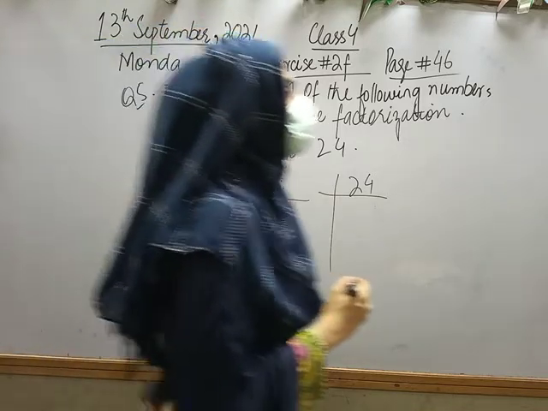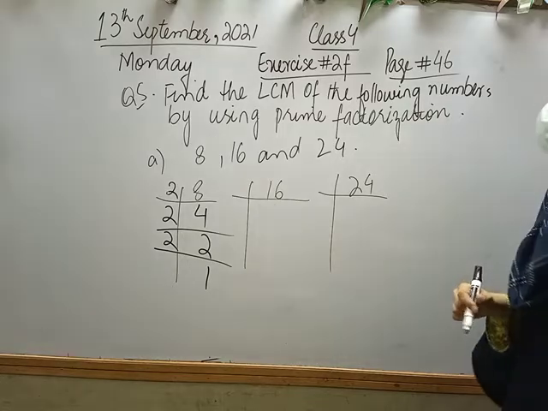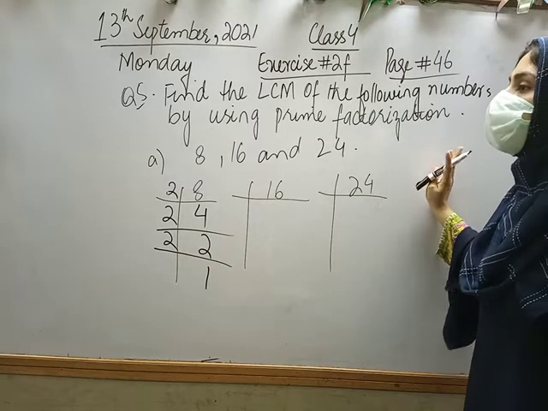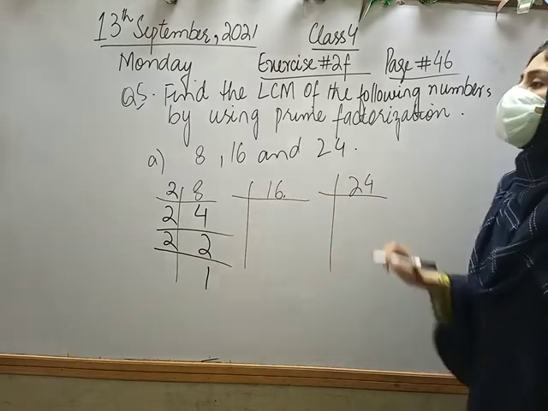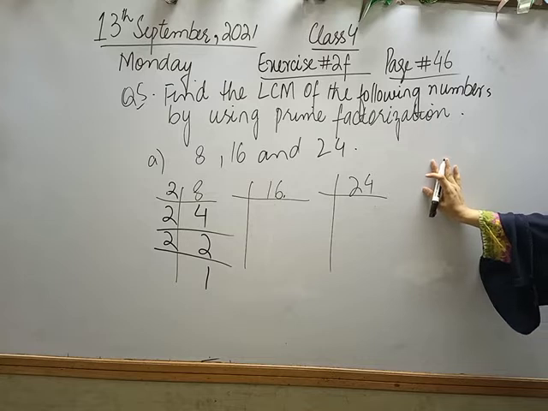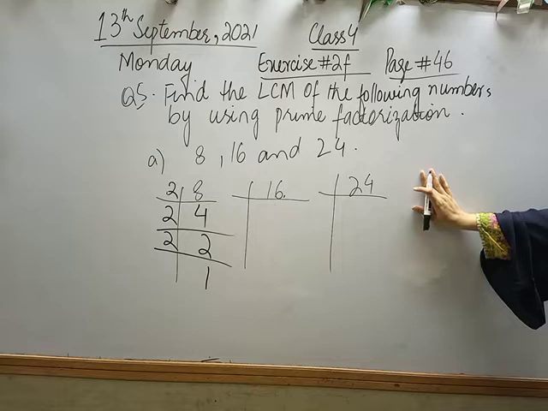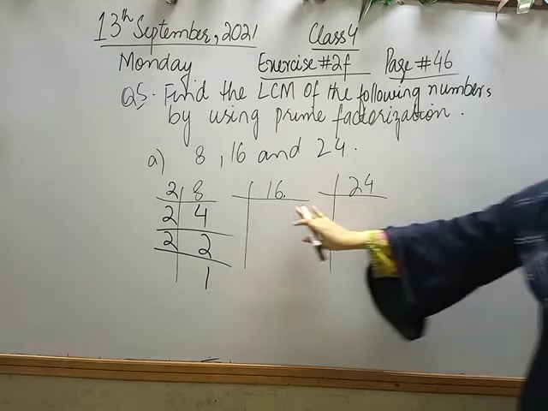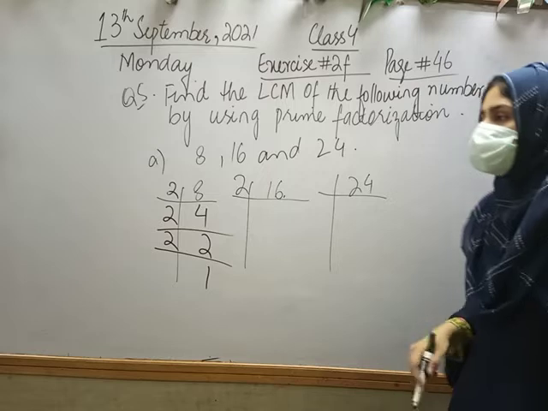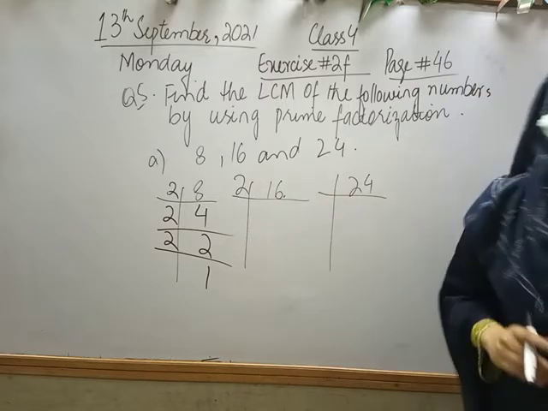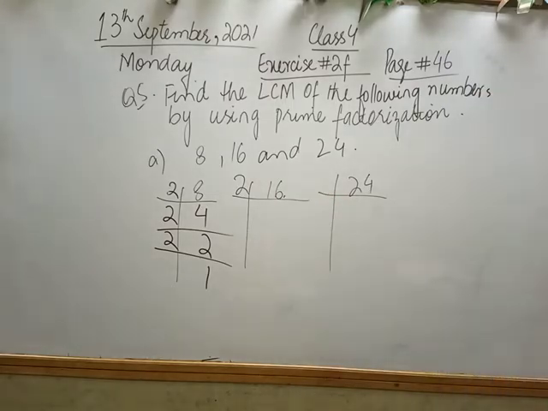Now we have another number which is 16. Now for number 16 we will do the same. If you look at the unit place, we have 6 at the end. So this is the divisibility rule for number 2: if the unit place ends with 2, 4, 6, 8. It is 6, so we will start from 2. How many times will I multiply 2 to get 16?